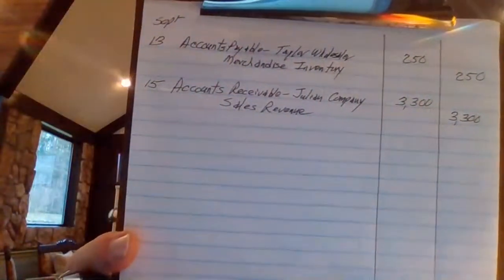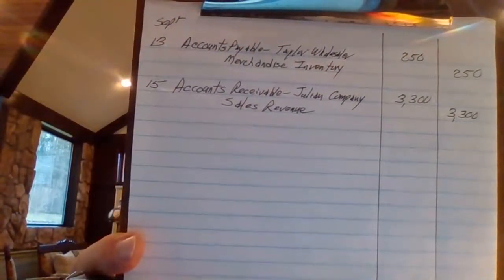And we're going to designate that as being coming from Julian Company for $3,300, with an offsetting credit to sales revenue for $3,300. That's the first of the two entries required.